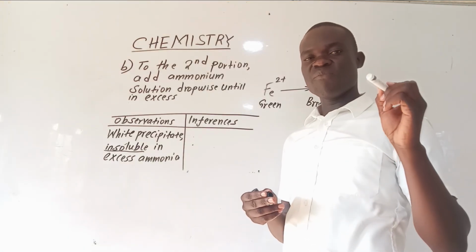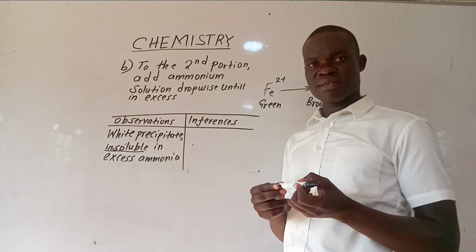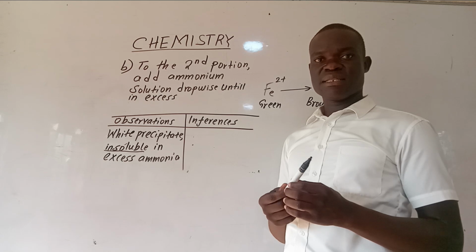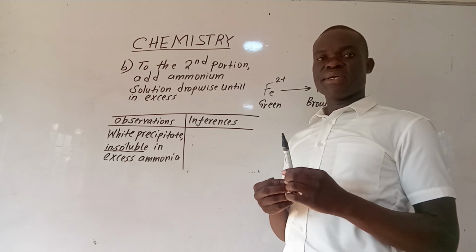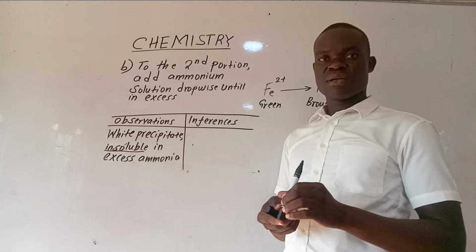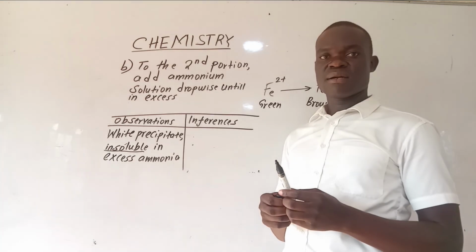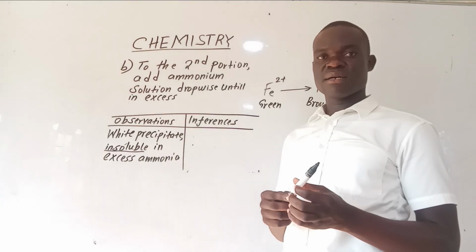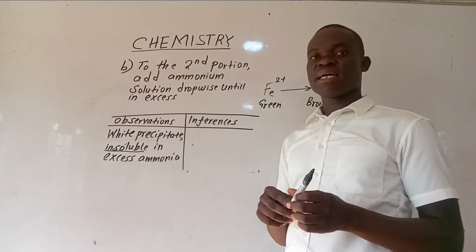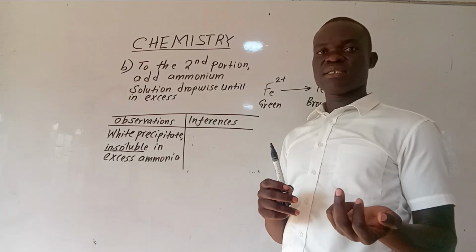Out of the three amphoteric ions. What did we say about the amphoteric ions? Amphoteric substances are substances that possess both acidic and basic properties. According to chemistry, these ions are able to react with both acids and bases.